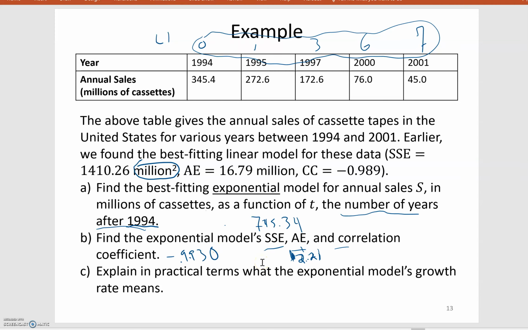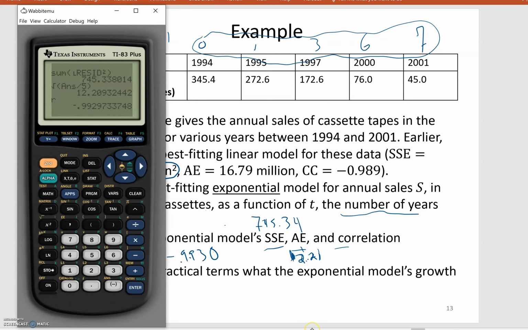All right. In terms of the exponential model's growth rate, let me return to that. We haven't actually identified the growth rate, but the model, let me scroll back up here. It's not letting me. Anyway, to get the growth rate, we go to VARS, statistics, equation, and we can't directly call up the growth rate.